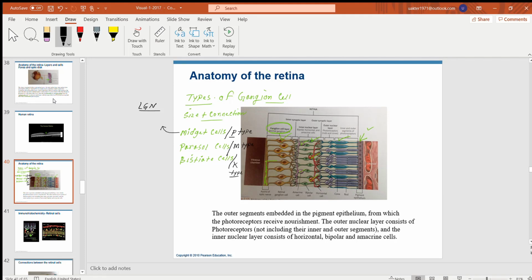The layers that receive the signal from the midget type ganglion cells of the retina are called the parvocellular layers.